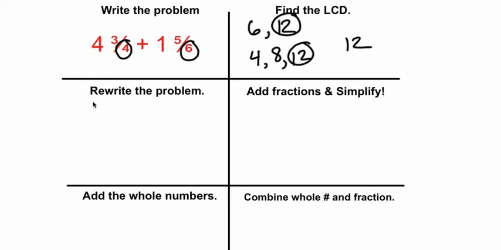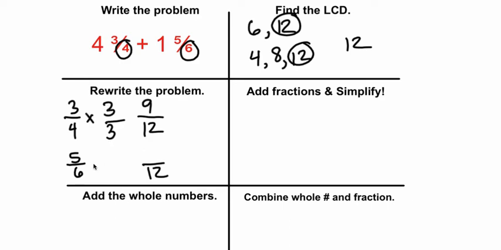Let's rewrite our fractions. Originally we had 3/4 and 5/6. We want those to get to 12 as our new denominators. 4 times 3, and down here it's going to be 6 times 2.